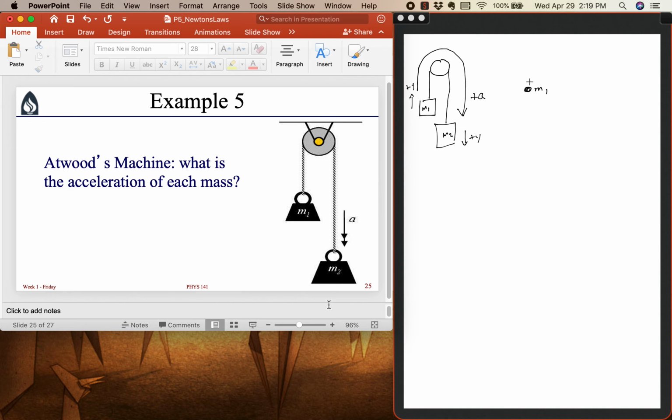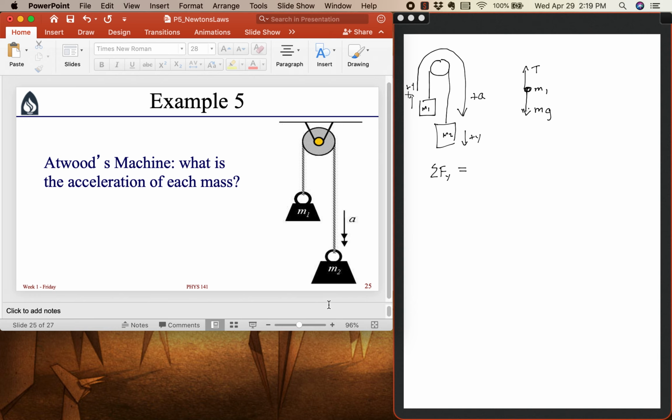M1 is going to have two forces acting on it. There's going to be a downward gravitational force, and then also an upward tension force from the rope. And so then if I sum the forces in the y direction for mass 1, I have to choose the direction that's positive.